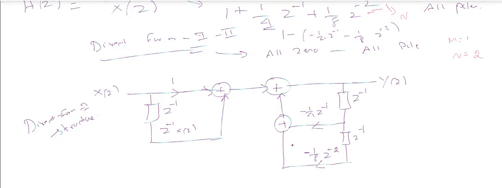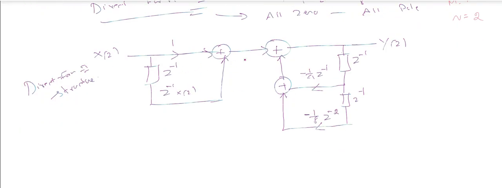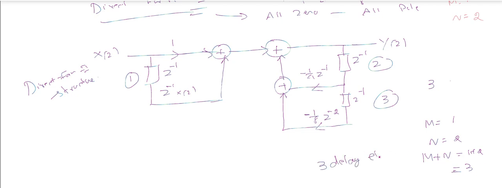So now we'll discuss how to realize the system in direct form 2 structure. How many delay elements are required here? 1 delay element, 2 delay elements, 3 delay elements. So m plus n, where m is equal to 1, n is equal to 2. So m plus n delay elements, 1 plus 2, so 3 delay elements are required to implement the structure.